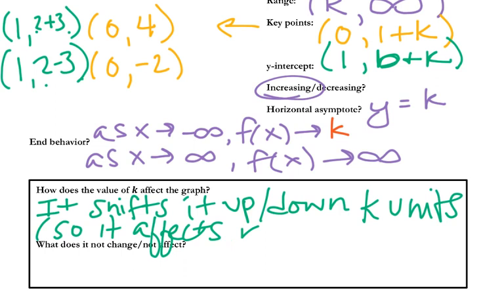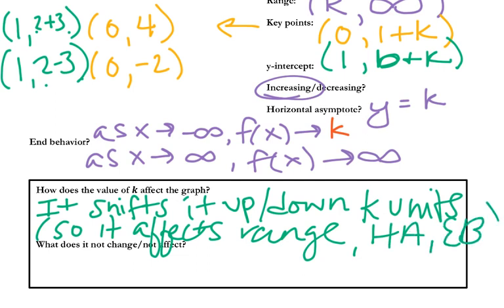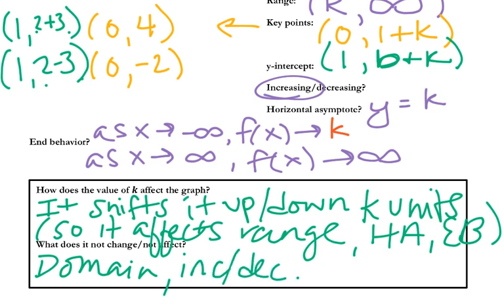It affects the horizontal asymptote. And it affects end behavior. What does it not change? It doesn't really change the domain. It doesn't change increasing, decreasing. But it does change your key points and your y-intercept.